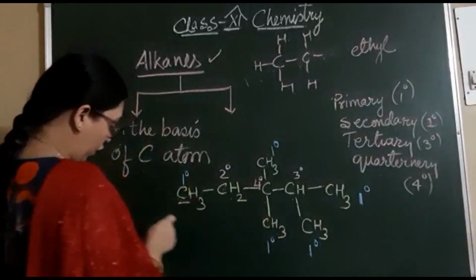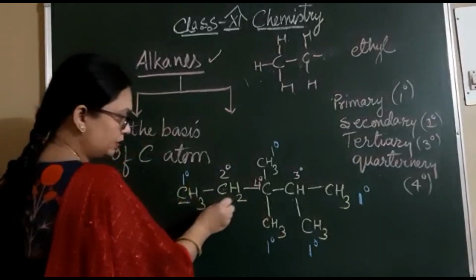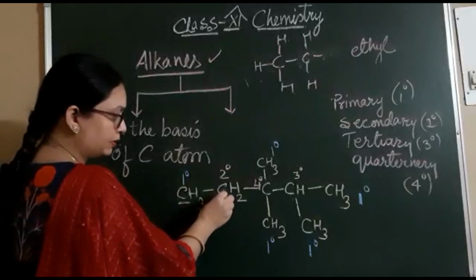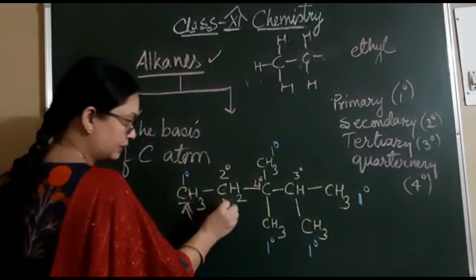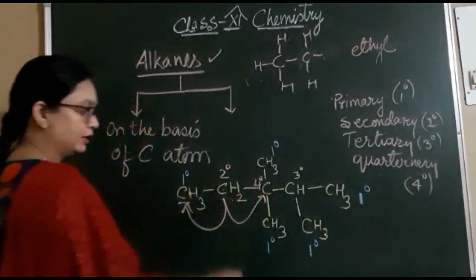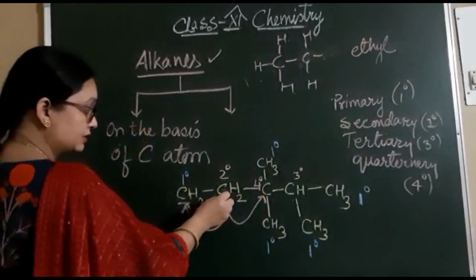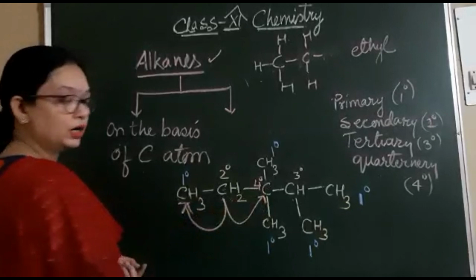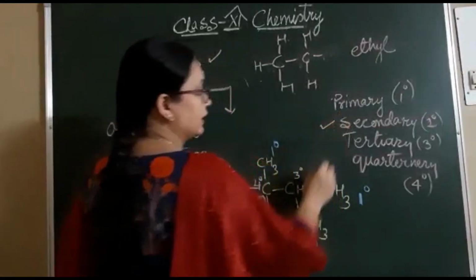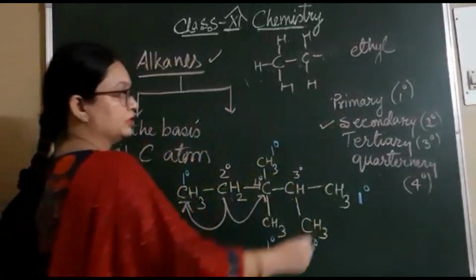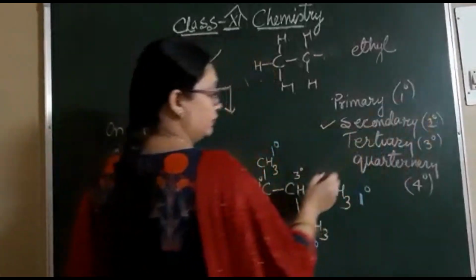Now observe this carbon atom, the second one. This carbon is joined with one carbon here and another carbon atom here. That means this carbon is joined with two other carbon atoms. So this carbon is called a secondary carbon atom, or in short it is represented by 2 degree.